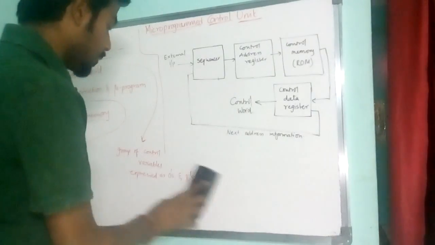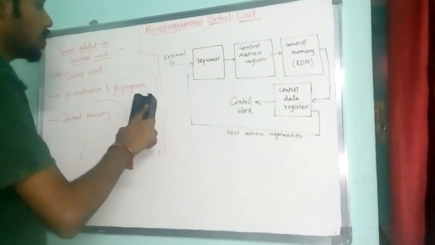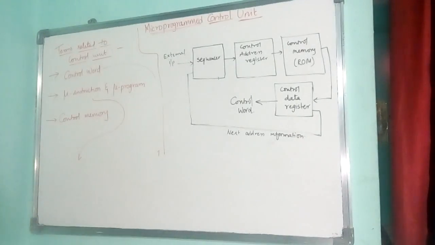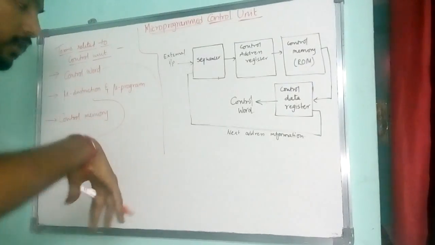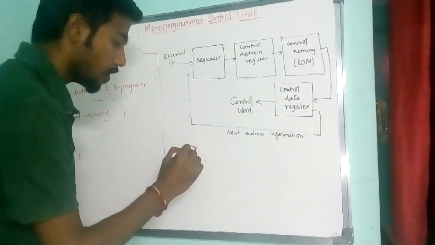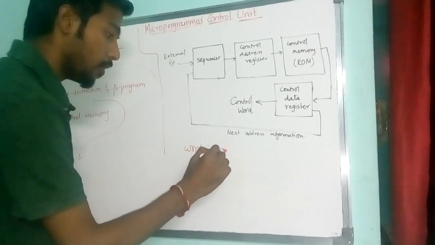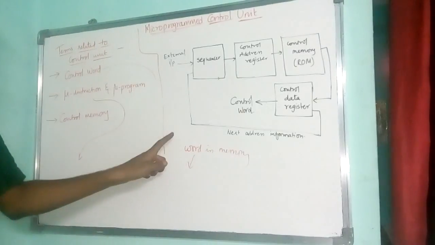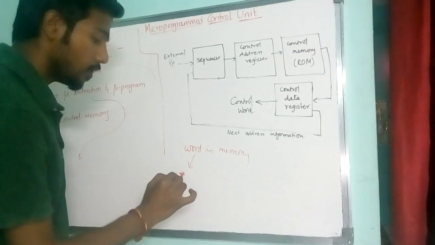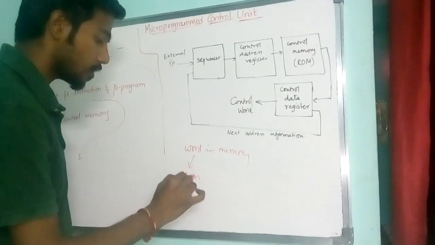After this we will see the term micro instruction. When the control word is there in the memory, each word in memory is made up of micro instructions.